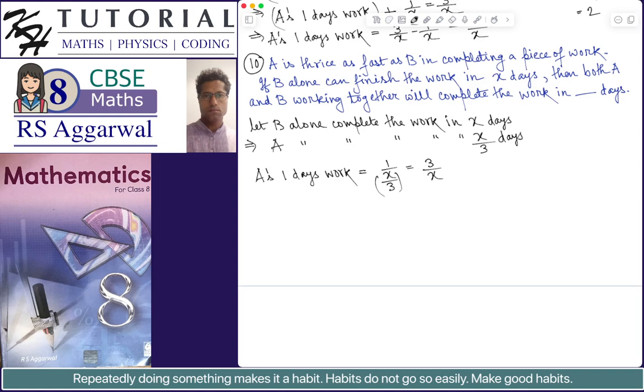Similarly, B's 1 day's work will be equal to 1 by x. So this implies that A plus B's 1 day's work, that is the amount of work done in 1 day when A and B are working together, will be equal to 3 by x plus 1 by x, which is equal to 4 by x. So 4 by x is the amount of work done by both A and B working together in 1 day.